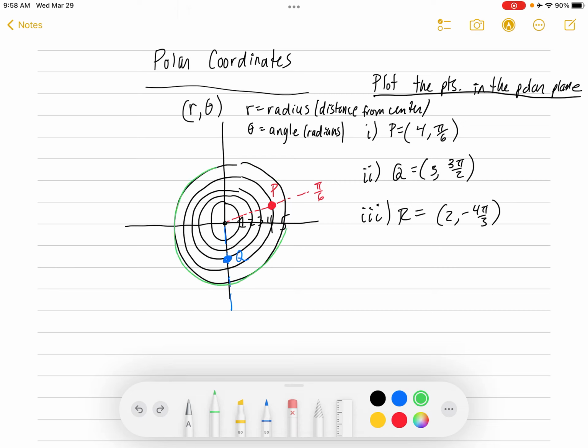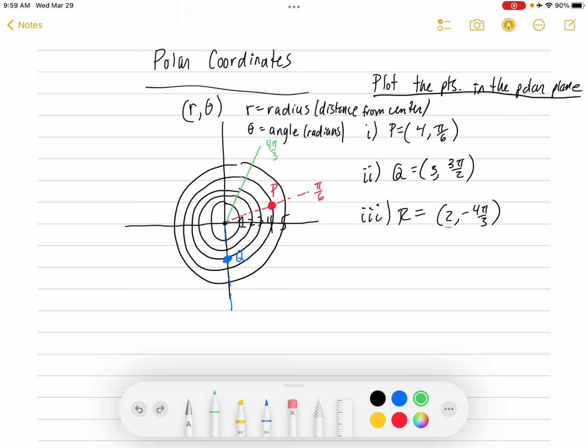But I don't want to do that, right? I want to go negative 4 pi over 3, so I'm going to go all the way around this way here. So I'd be like right about here, right? So that's right about here, negative 4 pi over 3.